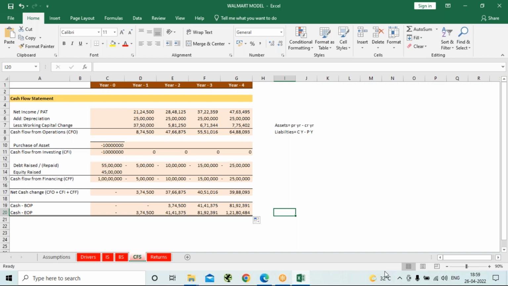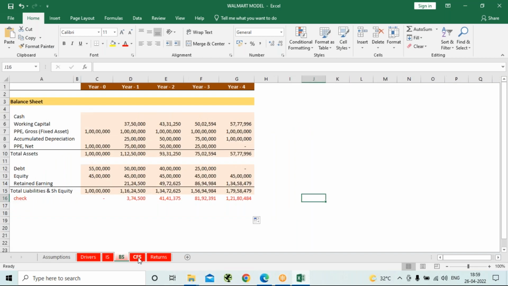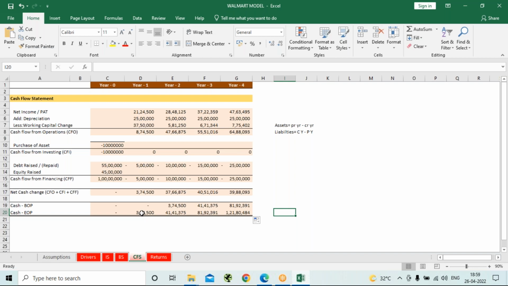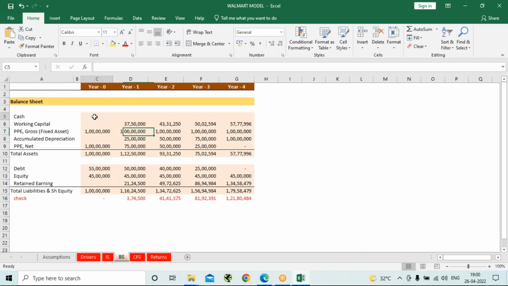Okay. So now this value I'm supposed to bring to the balance sheet. So this cash at end of period, whatever the value is there, I'm supposed to connect it to the balance sheet cash balance.